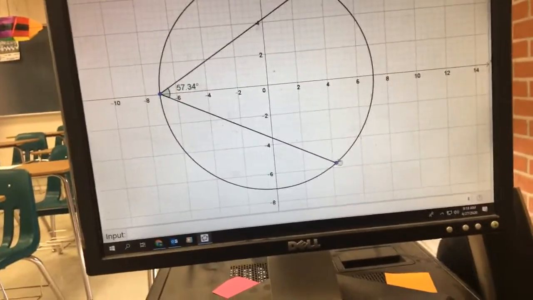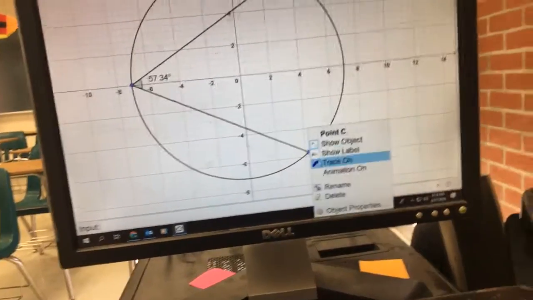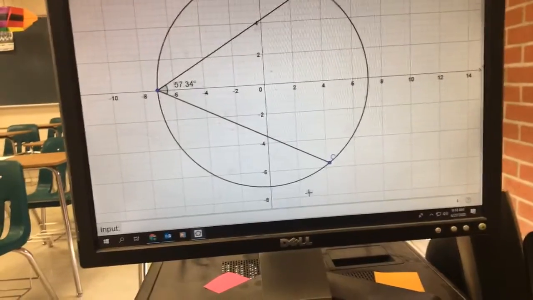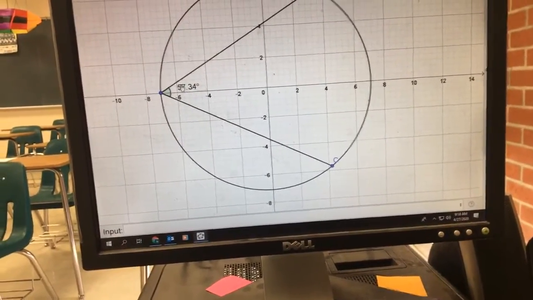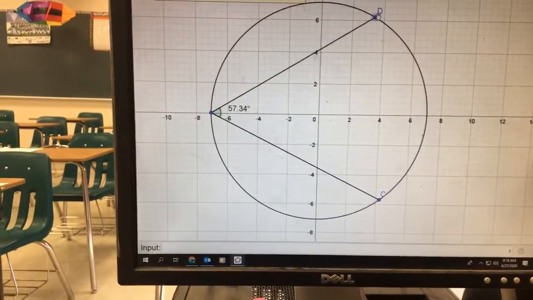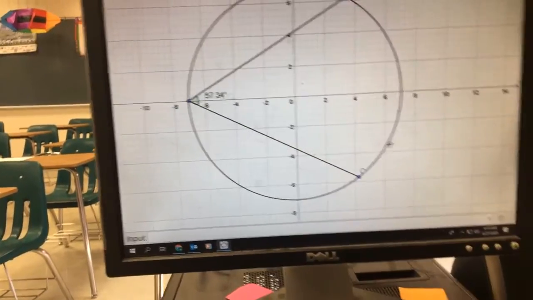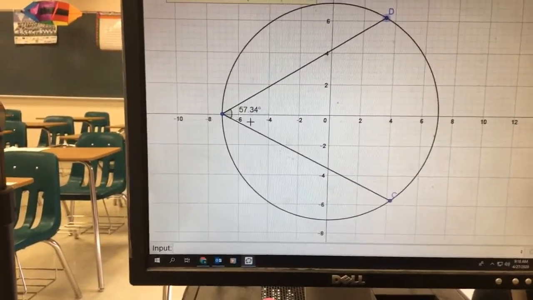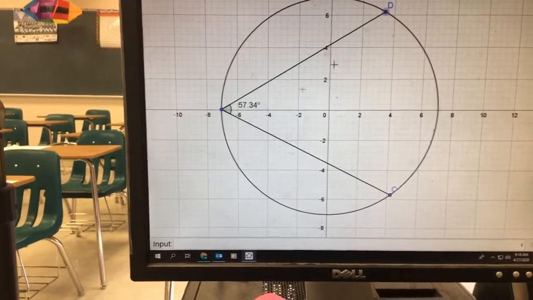That means the measure of this arc from C to D is twice this. So the measure of this arc is going to be 2 times 57.34. That's how you do this.